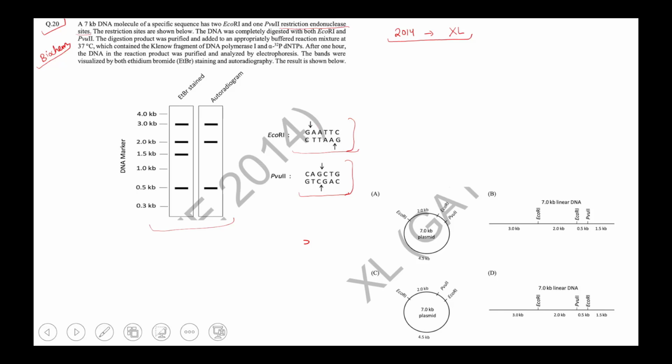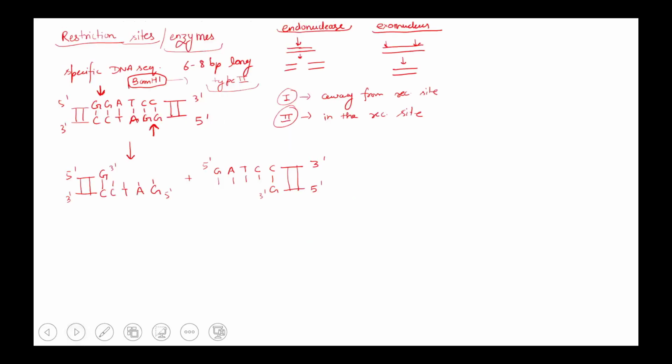In BamH1, a cut like this got created. This we call sticky ends of the DNA. Half of the portion is single stranded DNA.